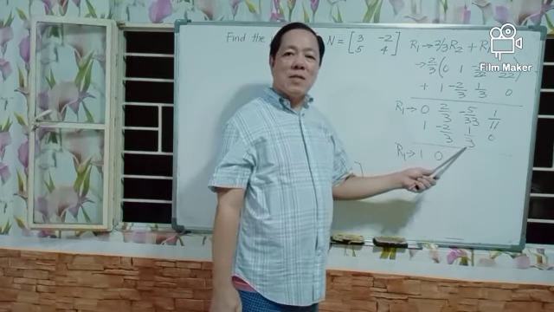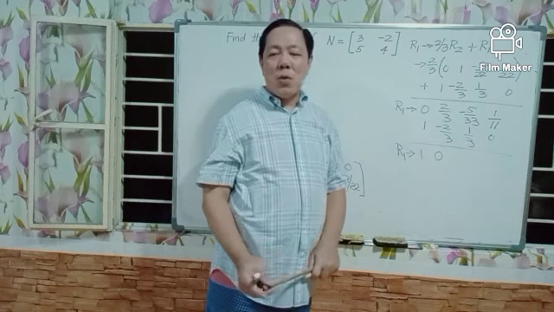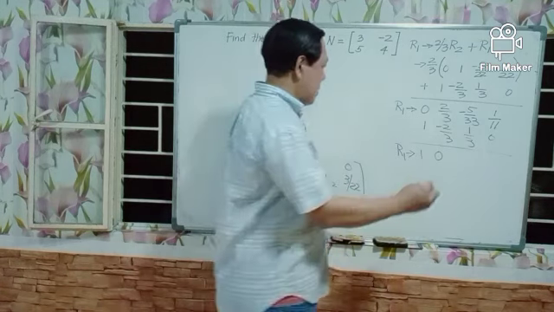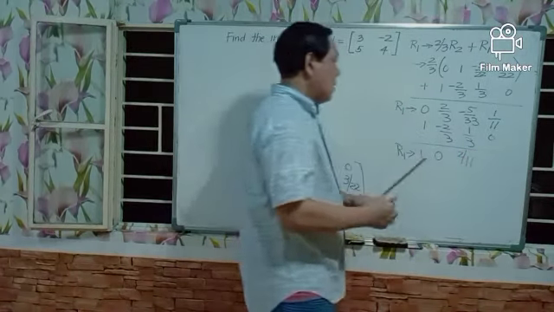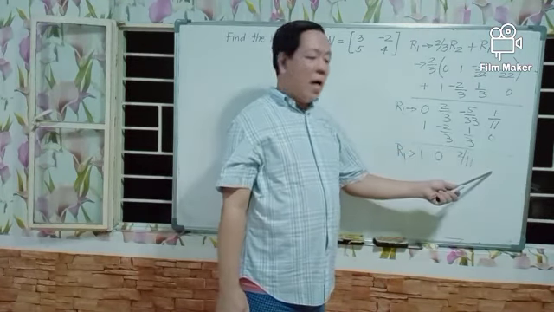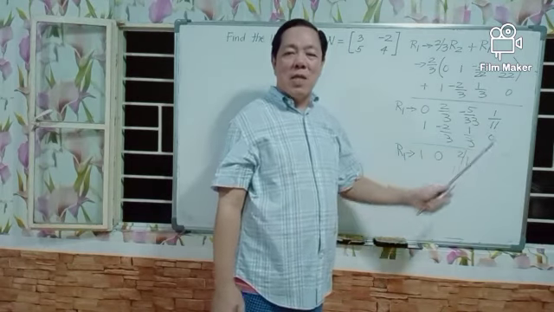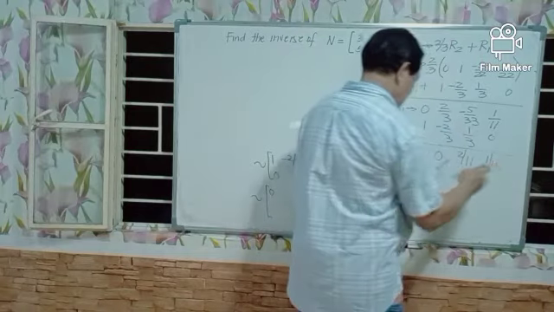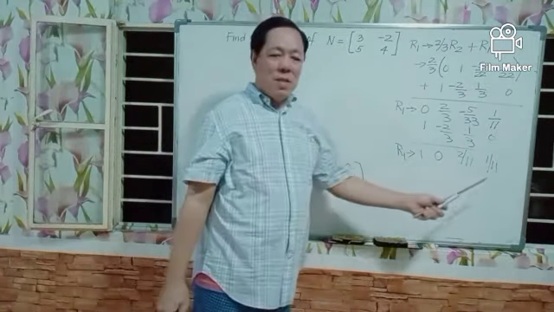Common denominator is 33, 6 over 33, and change that to lowest terms. You get 2 over 11. And the last entry of the new entries in the first row is 1 over 11 plus 0, which is 1 over 11. And these are the new entries of row 1.